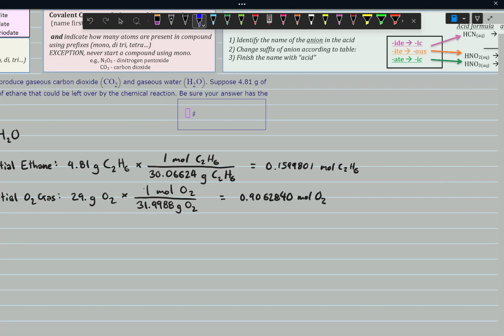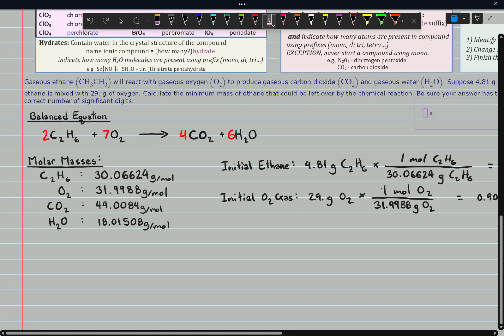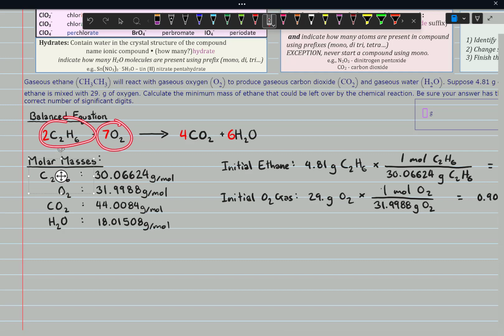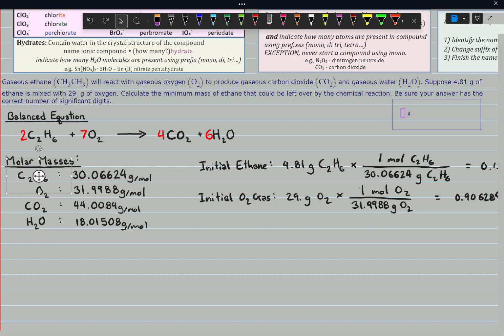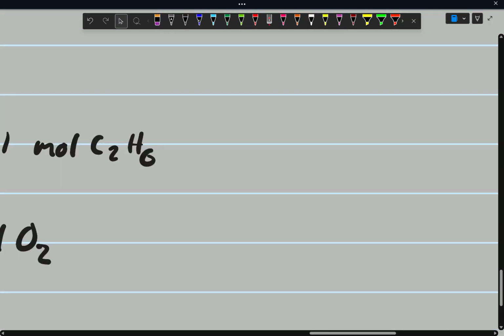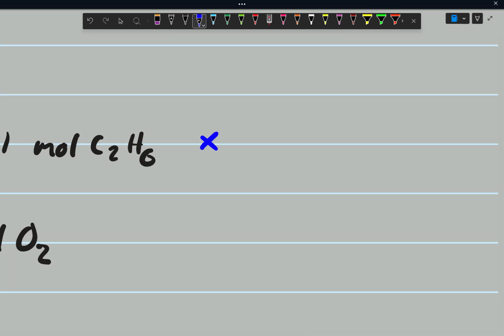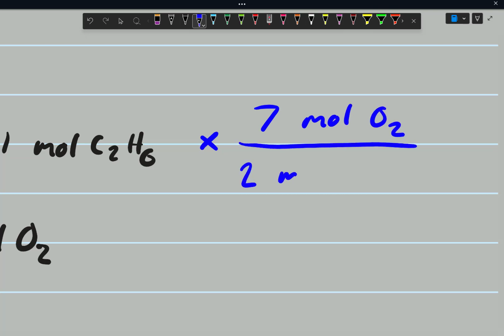As we did in our previous videos, we find that by using the molar ratio between our two reactants. So we know that for every 2 moles of ethane that is consumed, we consume 7 moles of oxygen gas. So on top we write what we want, which is moles of oxygen, and we know that 7 moles of oxygen are consumed for every 2 moles of ethane.